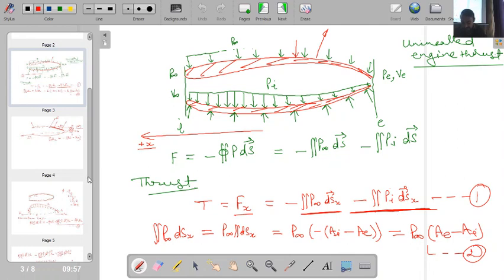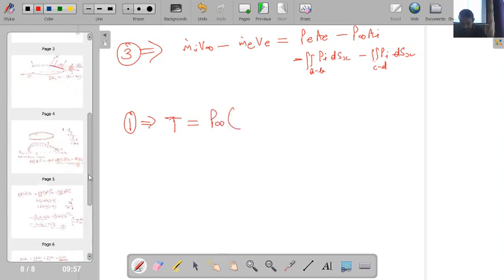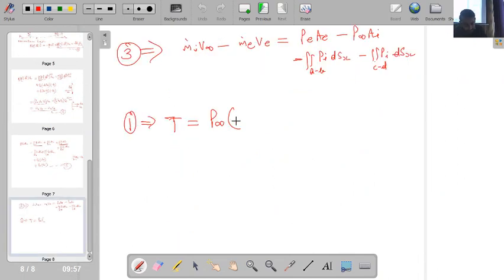So equation number 1 is T equals P infinity times AI minus AE minus the integral of pi ds x. Now remember one thing. What was this term?